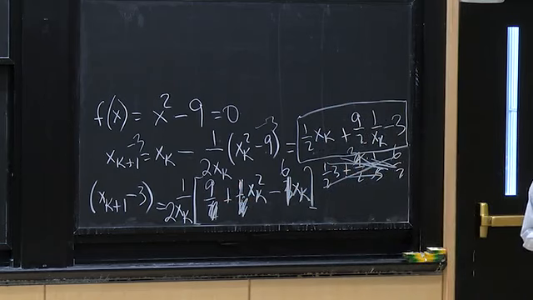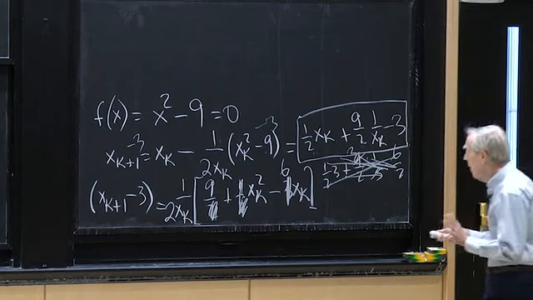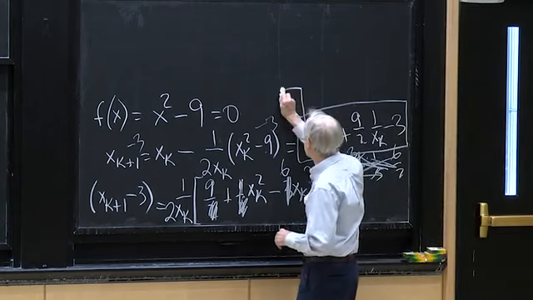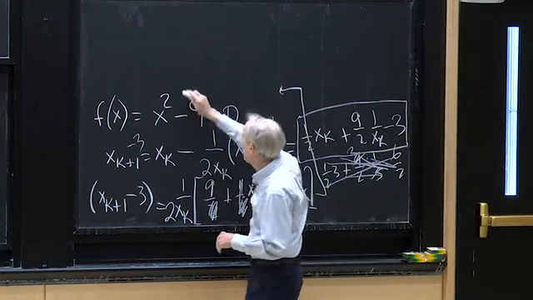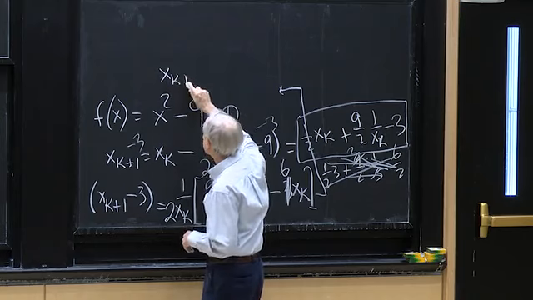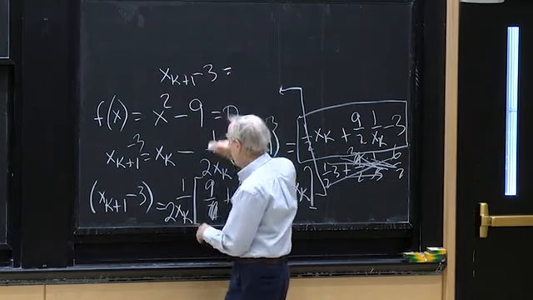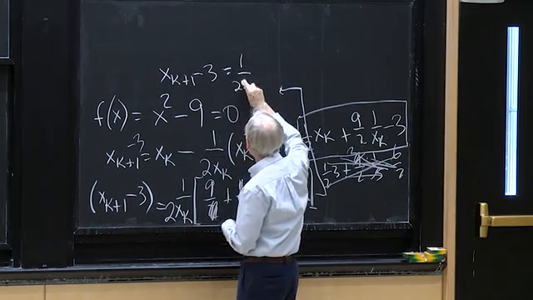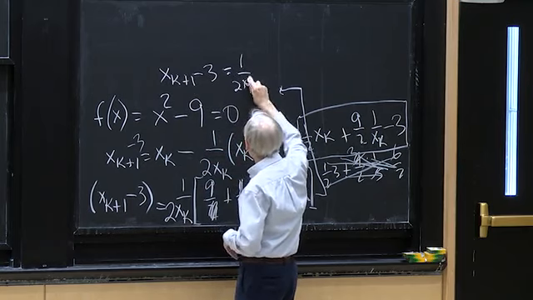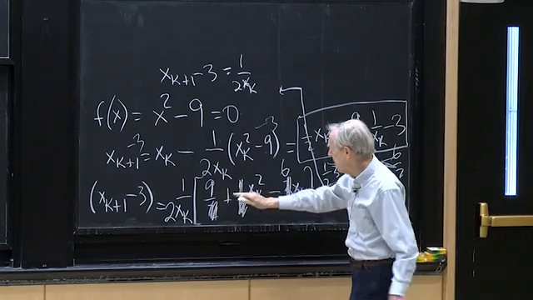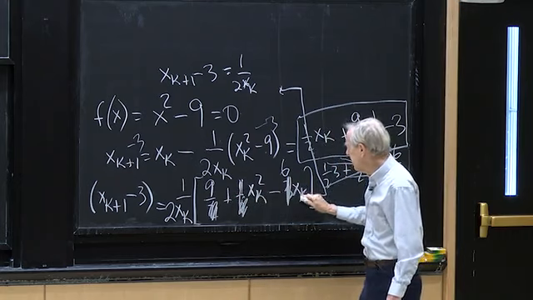Anything good about that? We hope so. We hope that that is something attractive. So this is the error at step k plus 1. And it's 1 over 2xk times this thing in brackets, 9 plus xk squared minus 6xk.